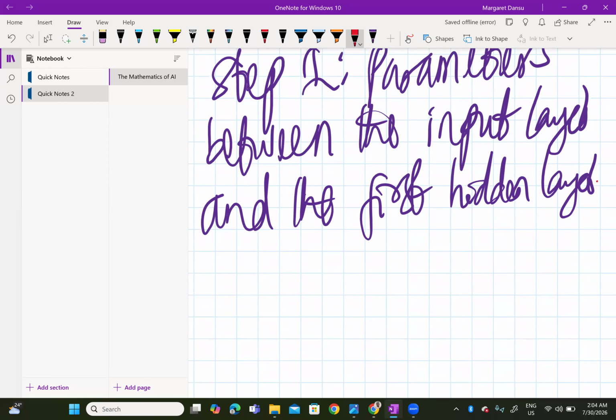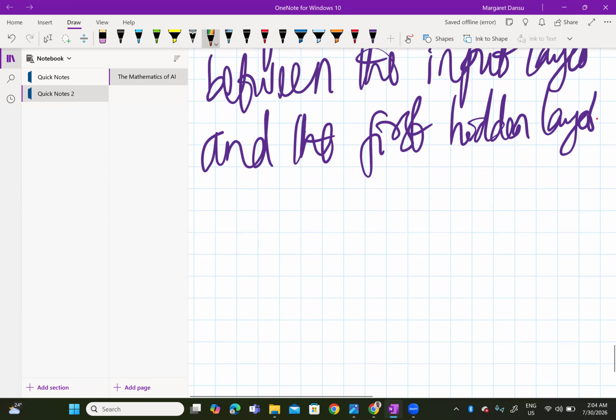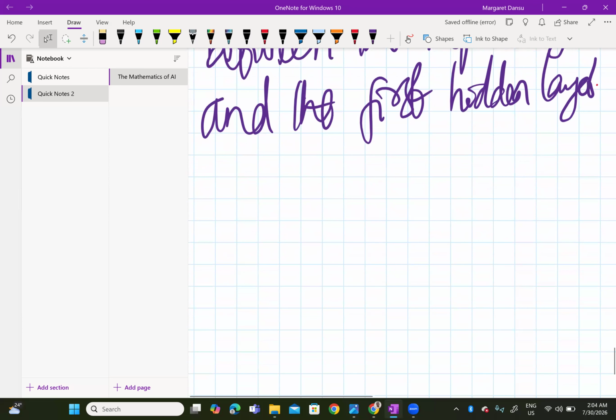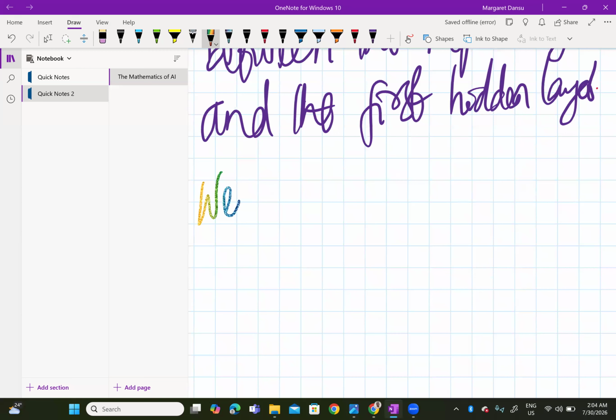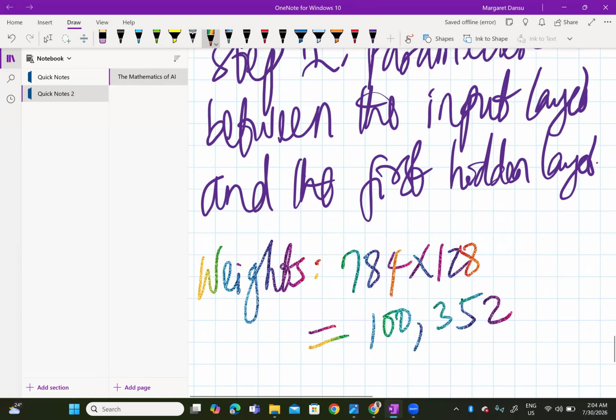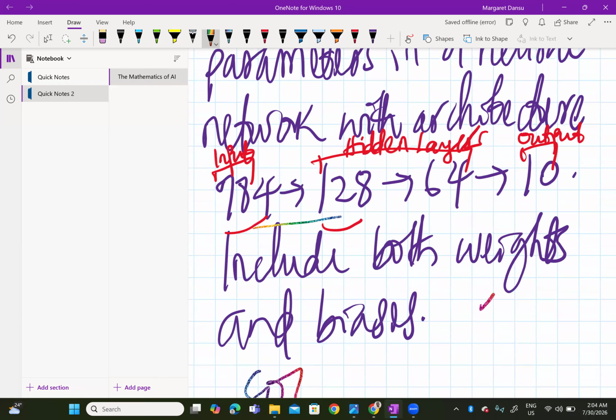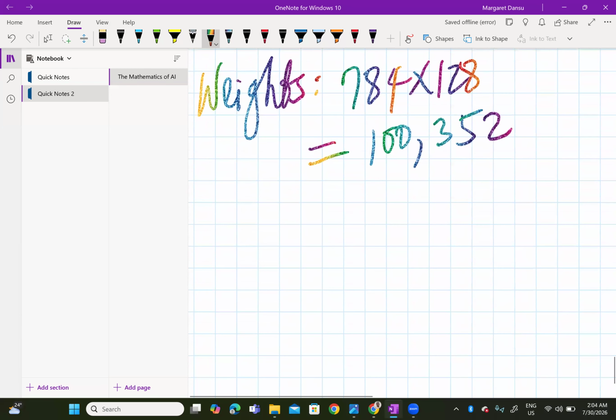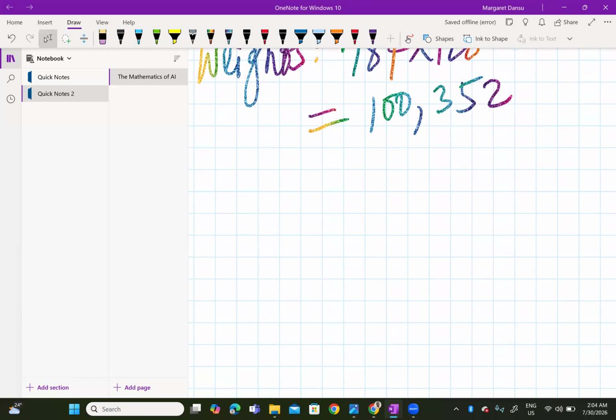So in this case, we have parameters between the input layer and the first hidden layer. Here the weights are 784 by 128, which is equal to 100,352.